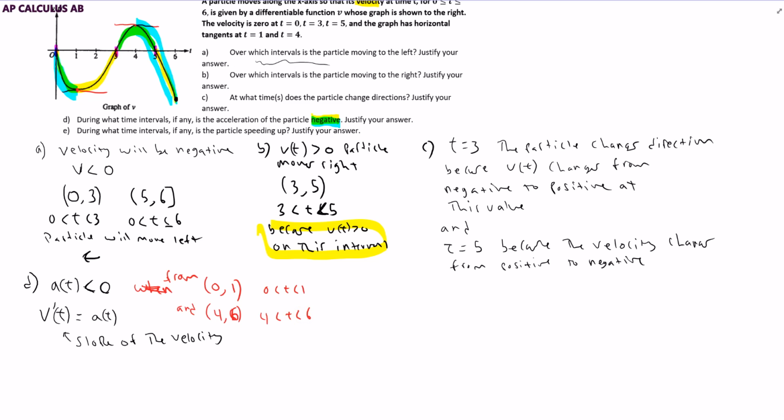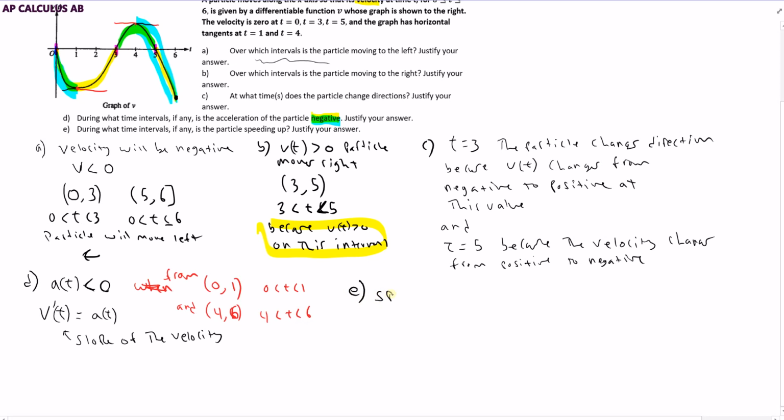All right. Next is part E, saying during what time intervals, if any, is the particle speeding up? Justify your answer. So in order for a particle to be speeding up, the sign of the velocity must be the same as the sign of acceleration.